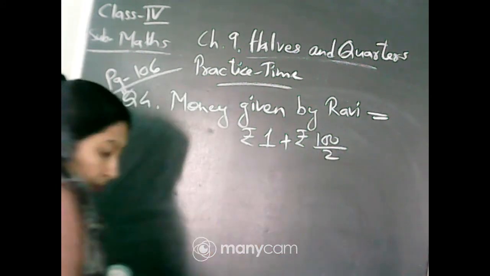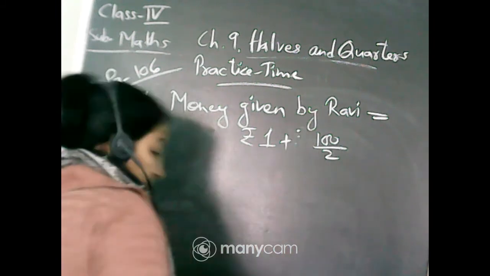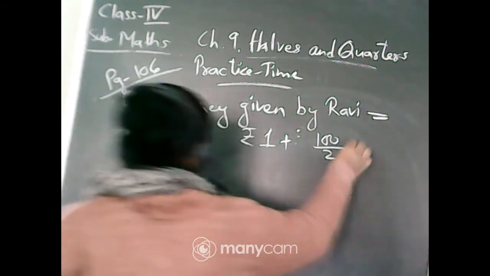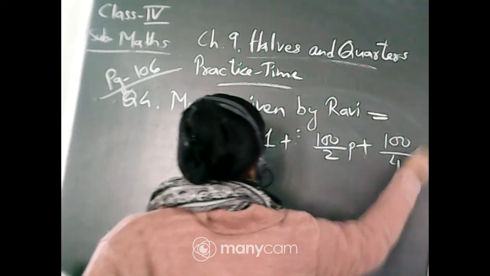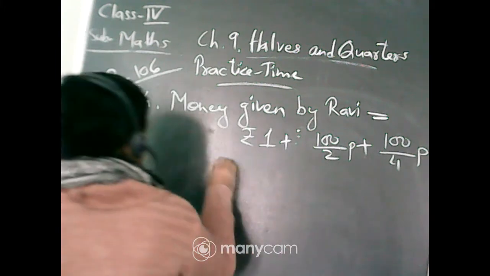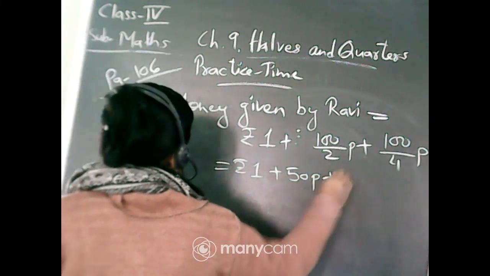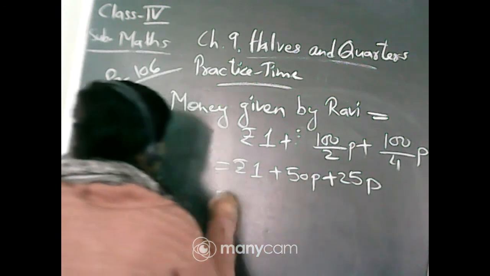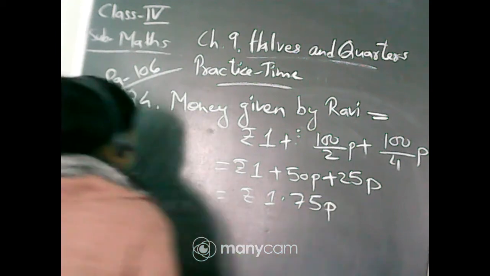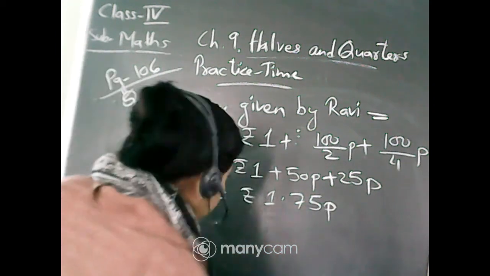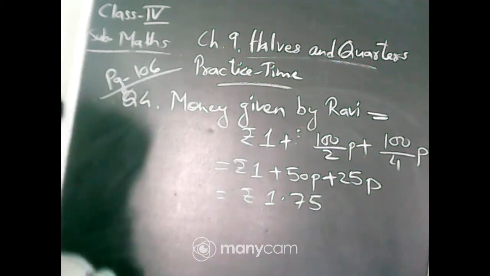It will be in paise, not in rupees. Plus 1/4 he has given. That means rupees 1 plus 50 paise plus 25 paise, which is equal to rupees 1 and 75 paise. Only rupees 1 and 75 paise.